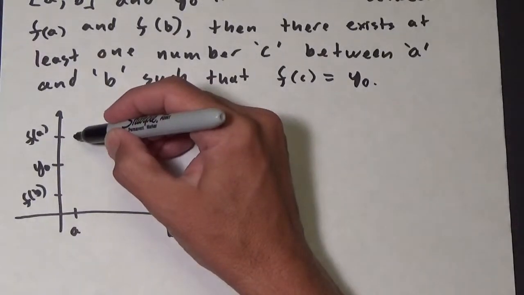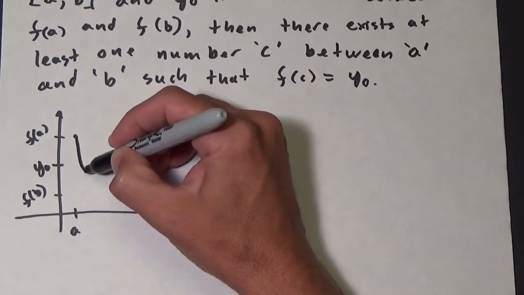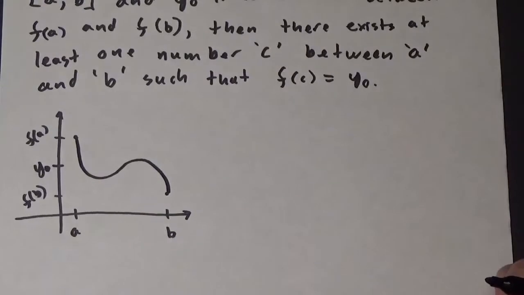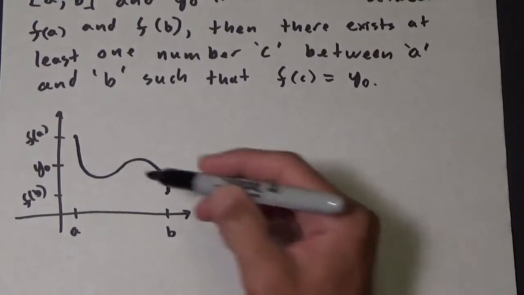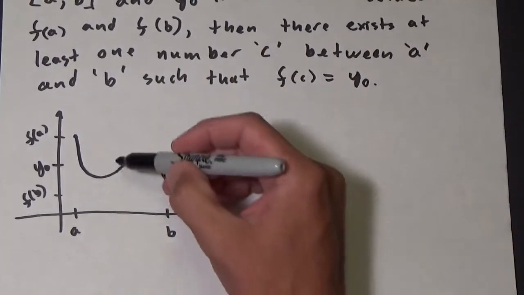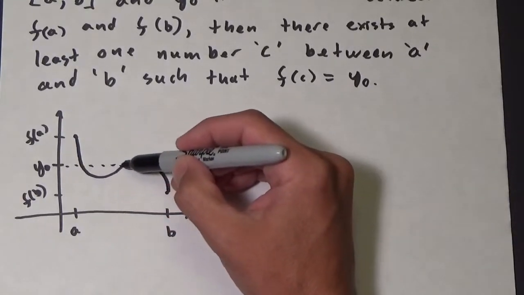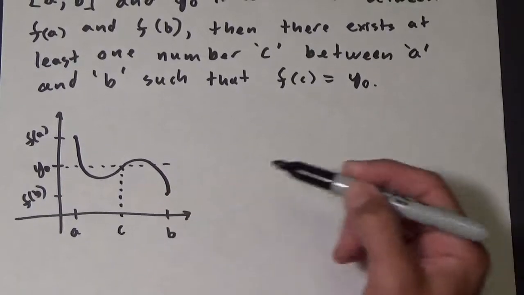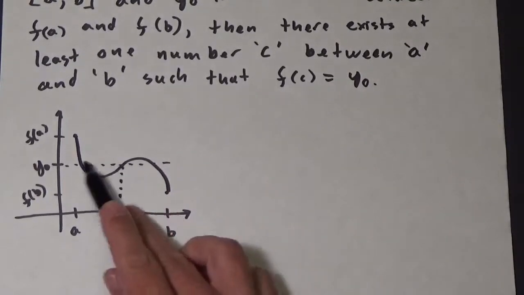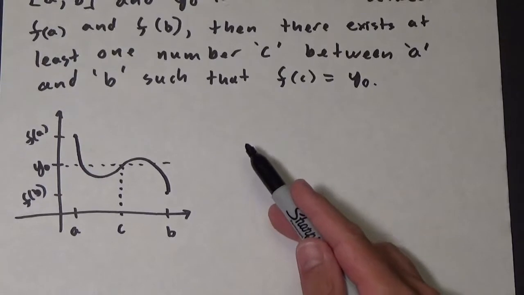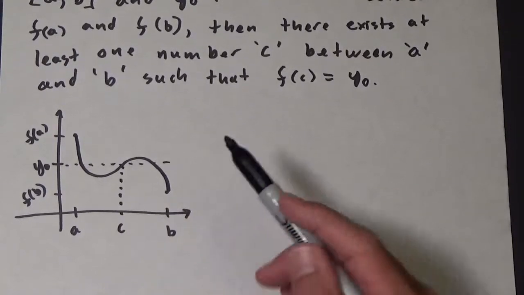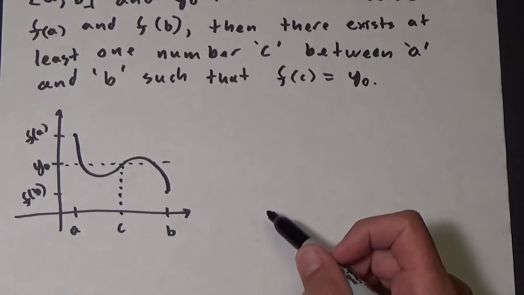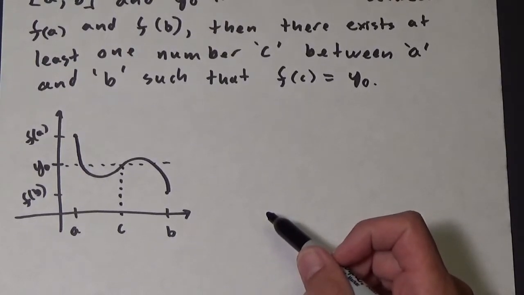So if I were to hypothetically sketch some function in here, like so, then there has to be some c between a and b such that this f of c equals y sub naught. And in this case, there are 3 points where that exists. So this is what we would call an existence theorem.